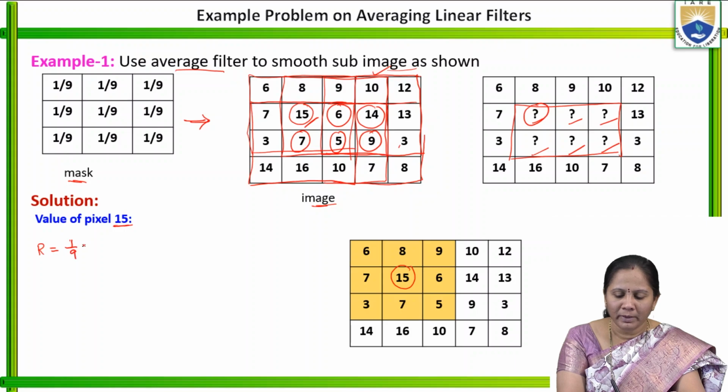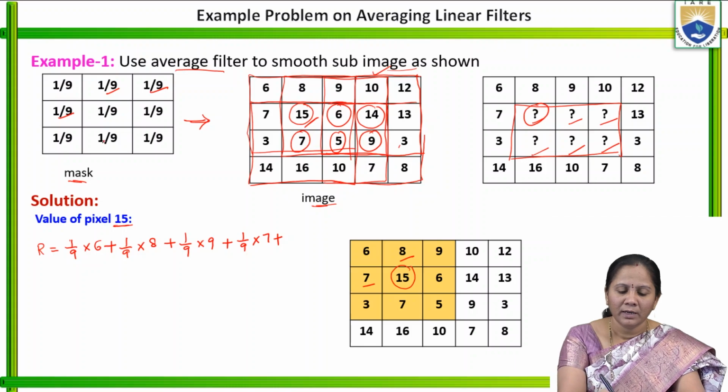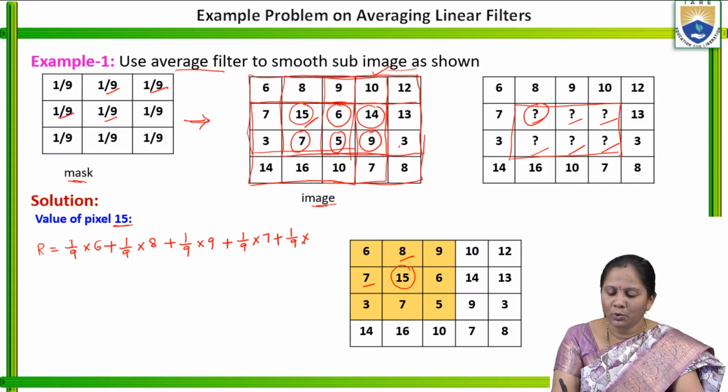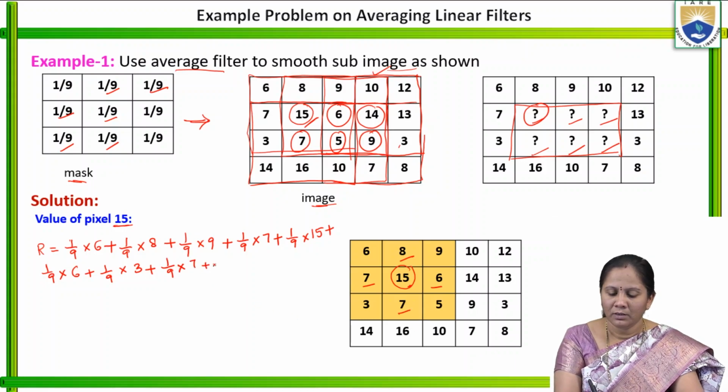So, we can write 1 by 9 into 6, plus 1 by 9 into 8, plus 1 by 9 into 9, plus 1 by 9 into 7, plus 1 by 9 into 15, plus 1 by 9 into 6, plus 1 by 9 into 3, plus 1 by 9 into 7, plus 1 by 9 into 5.